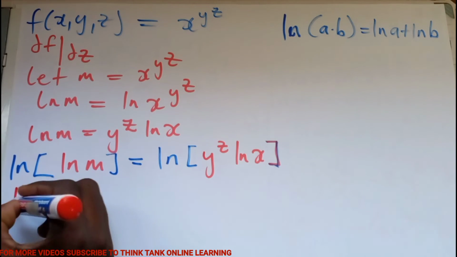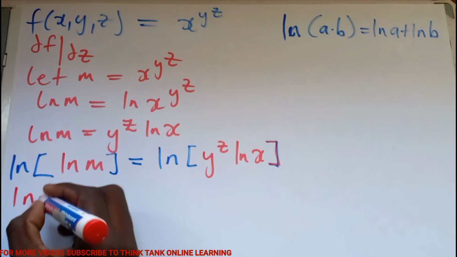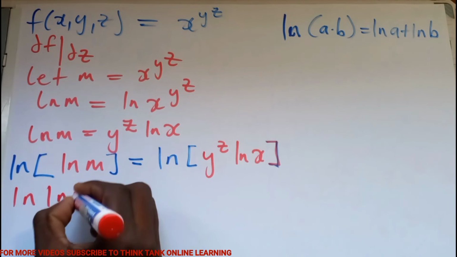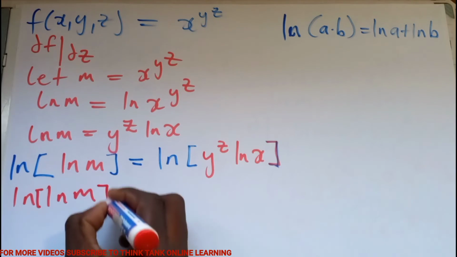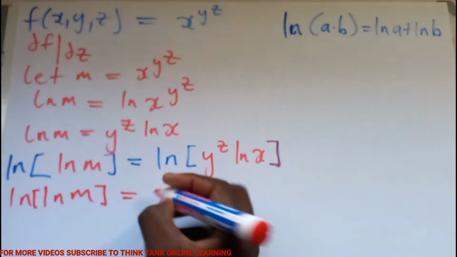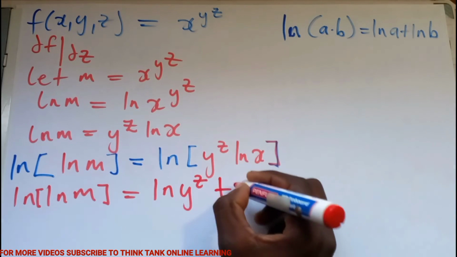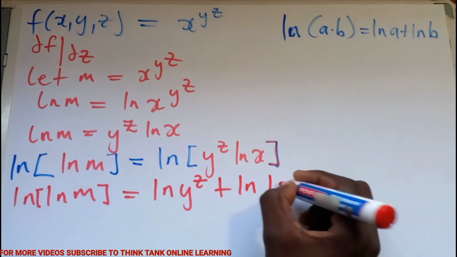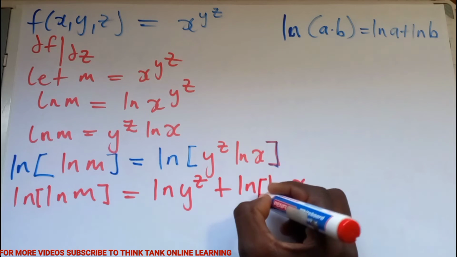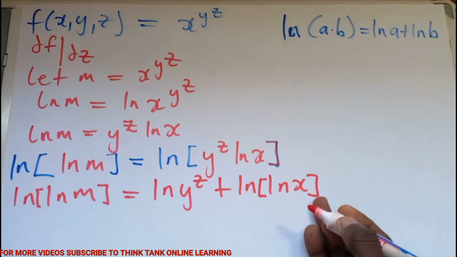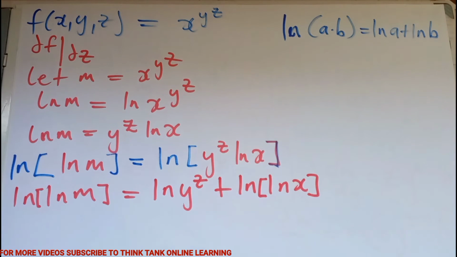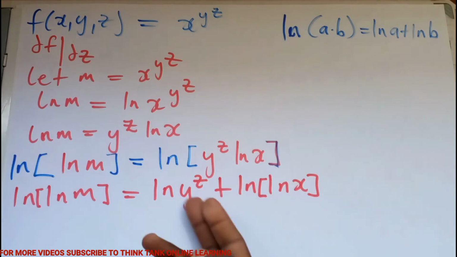So here we have ln m is equal to ln y to the power z plus ln x. It's not ln x squared, it's very different. So I'm going to drop the power here.